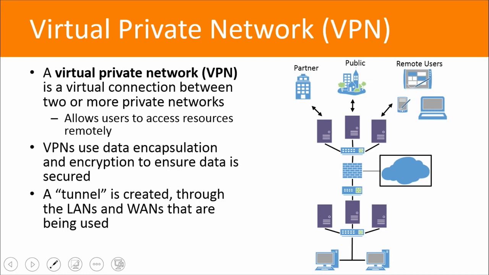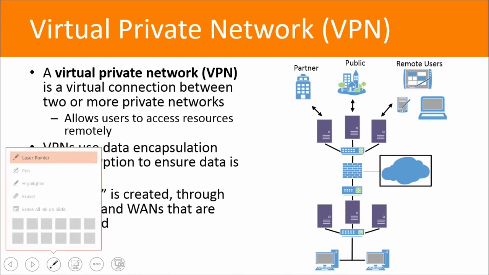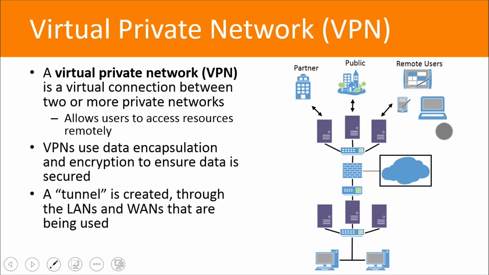So the tunnel goes through all the different LANs and WANs that data communication might have to pass through in order to reach its destination. So you could be working remotely over here with our remote users, right? And maybe you're over in Shanghai and you want to access this server that happens to be on your company's intranet.